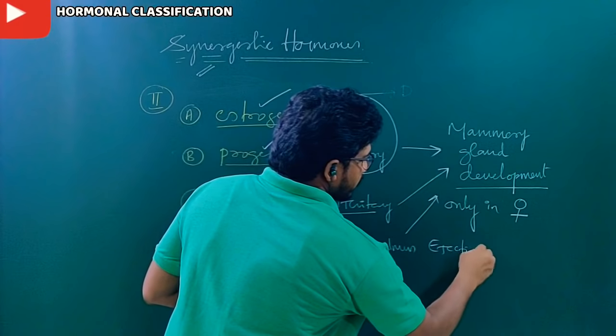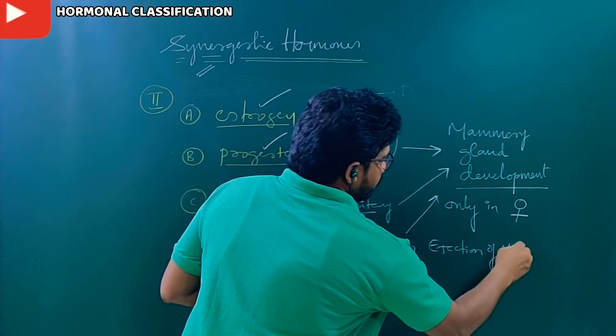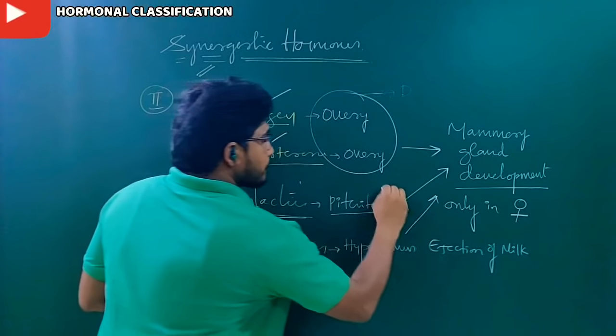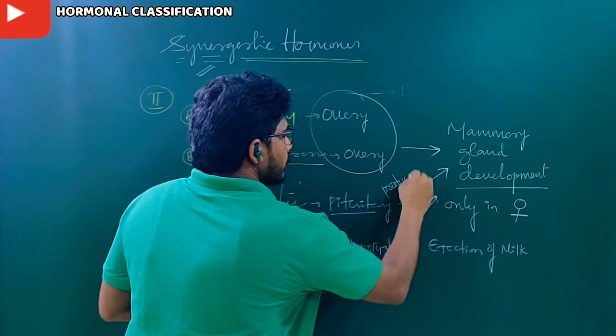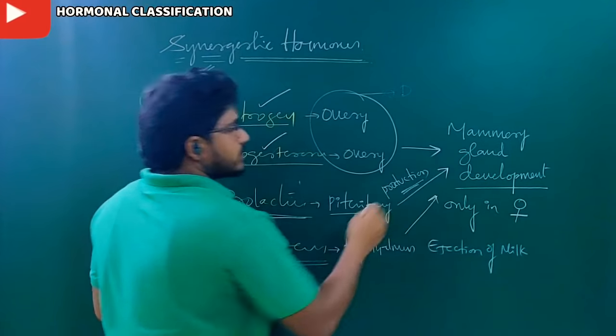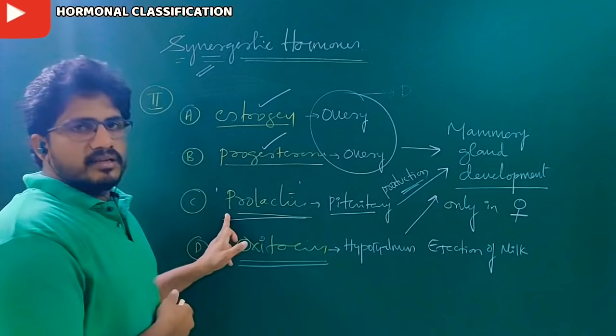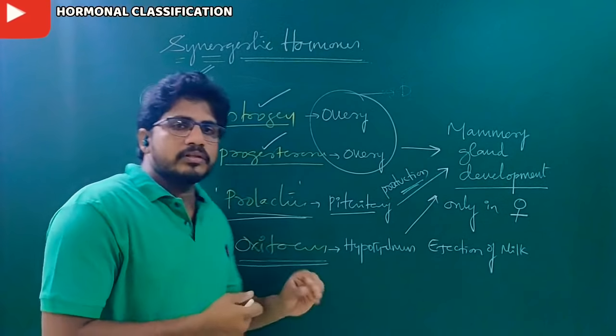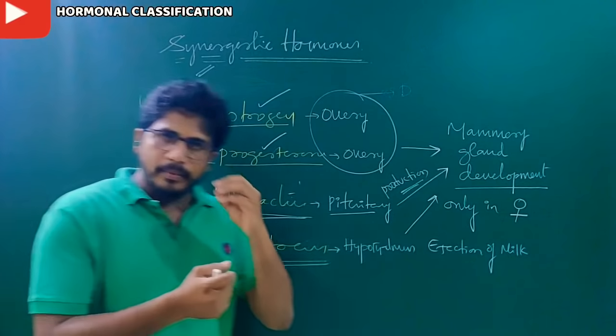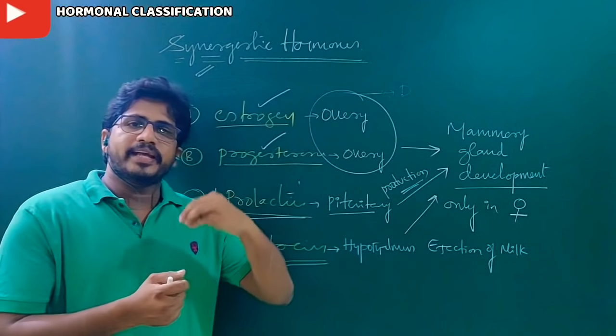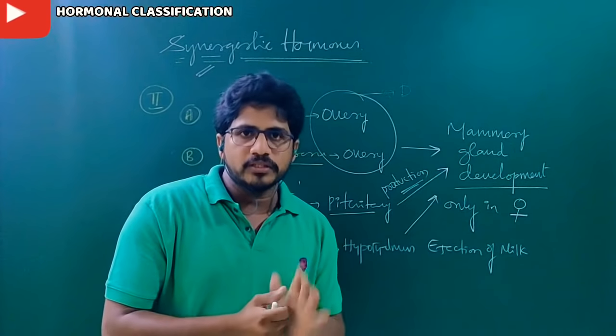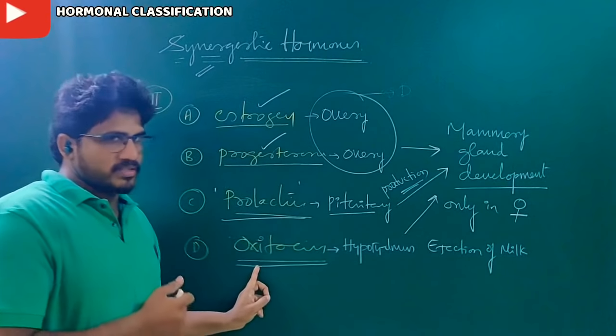This is very important. Ejection of milk. And this one is production of milk. The hormone that helps in the production of milk is prolactin. The hormone that helps in the ejection of milk from the mammary gland into the baby's mouth is oxytocin.